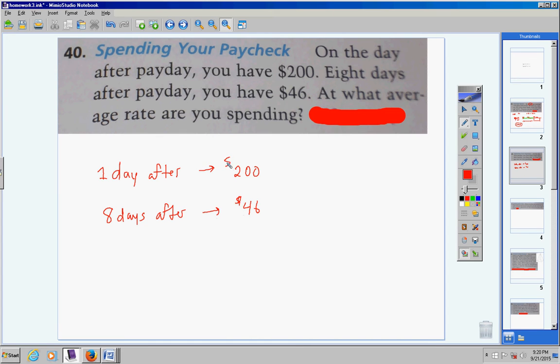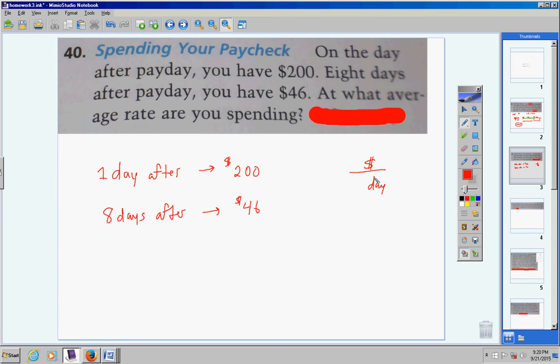The question is, what is your average rate of spending, or at what average rate are you spending? In other words, how much money are you spending per day? Got it? How much money per day?